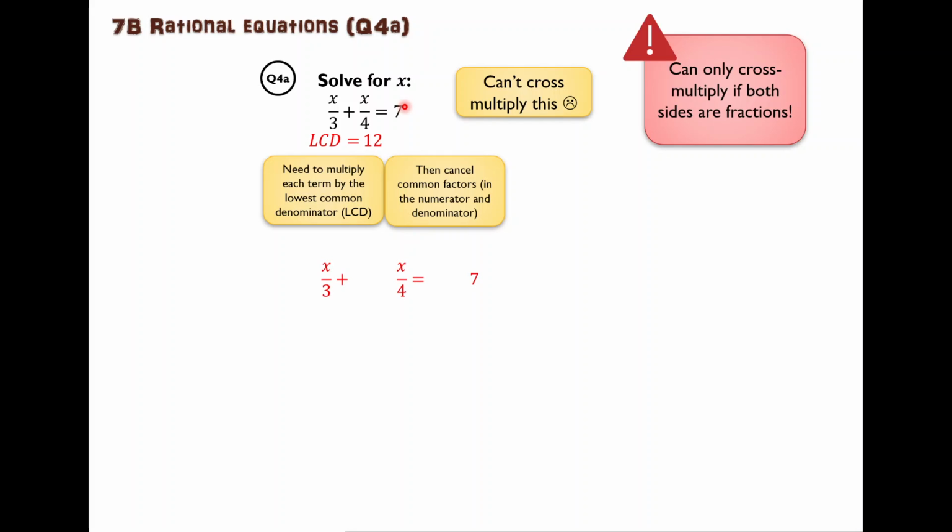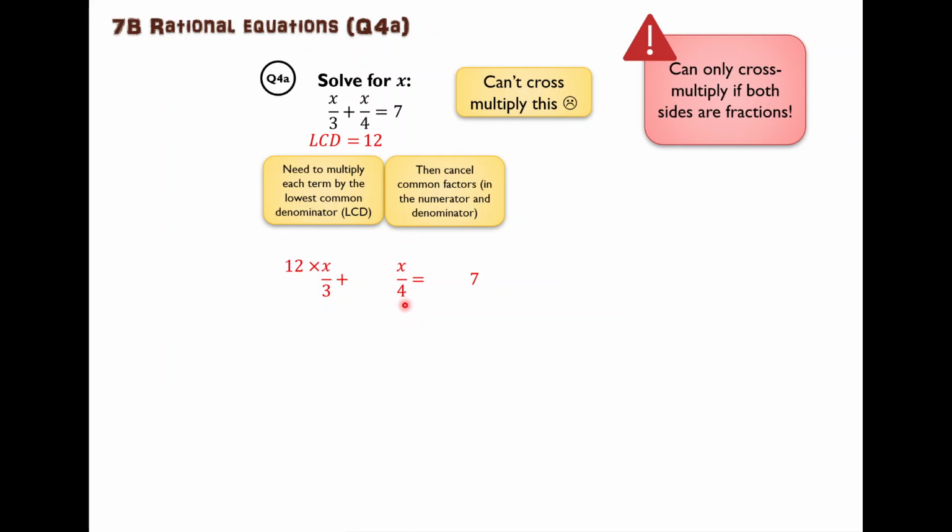I have my original equation here that I've copied down. You can see I've got lots of spaces here because I'm going to add some things. I'm going to do the same thing to both sides so that I'm not making a big boo-boo. And the thing that I'm going to do is to multiply each term, each side, by 12. In other words, this term, the x divided by 3, multiplied by 12.